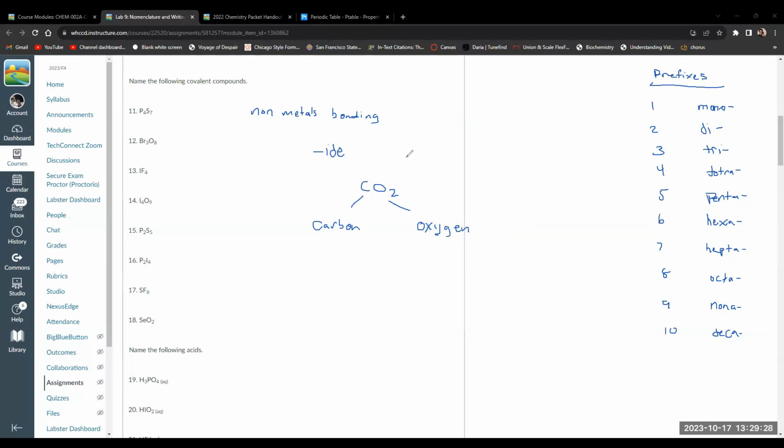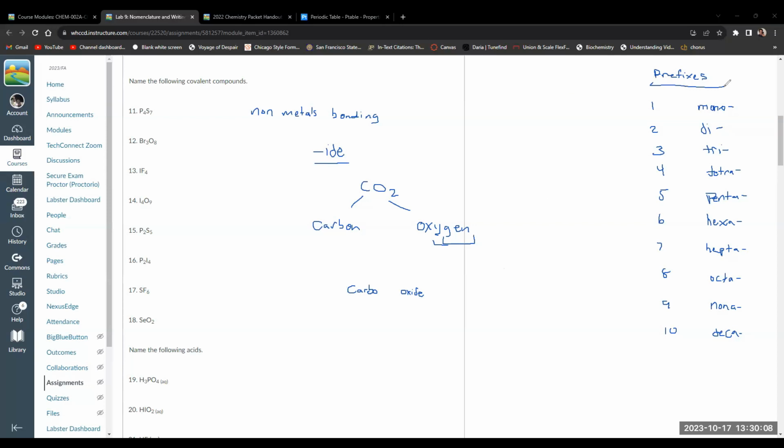So, knowing that IDE is going to stop, we're dropping the GEN for IDE, or the Y as well. So we have carbon and oxide. However, we're not done.